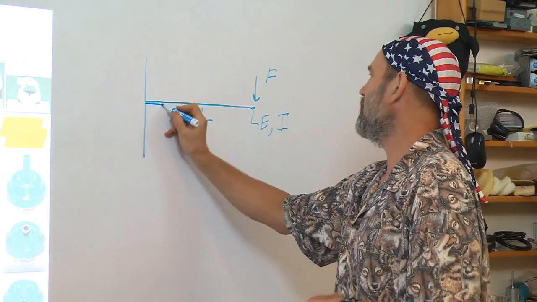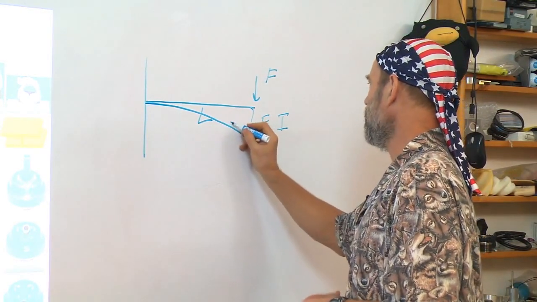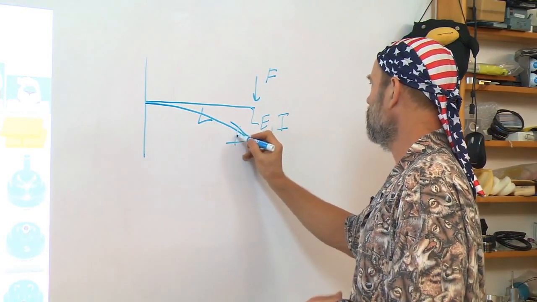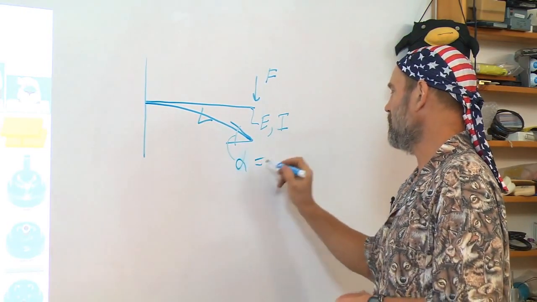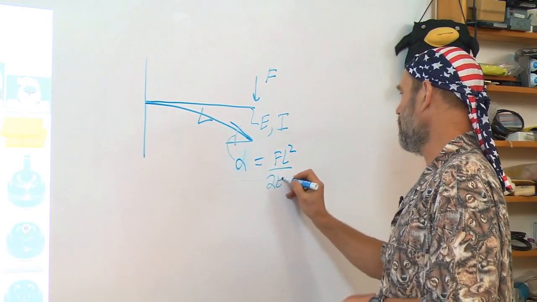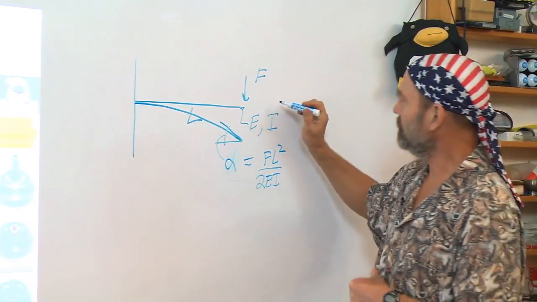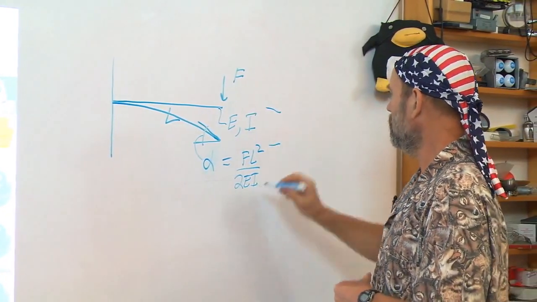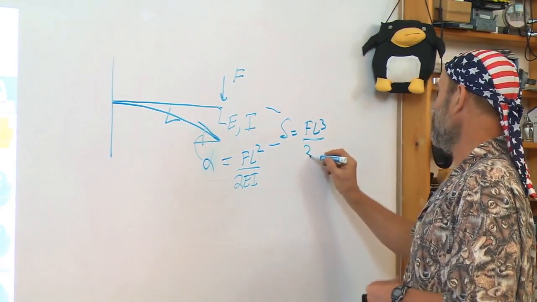Okay? That beam, when it bends down, it'll have a slope at the base, theta equal, well, we use alpha, excuse me. Alpha equals FL squared over 2EI. The deflection, delta, is going to equal FL cubed over 3EI.